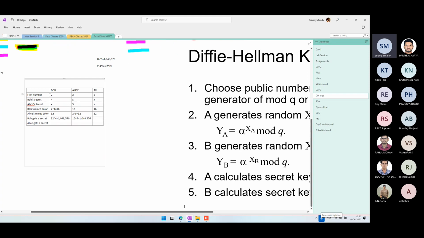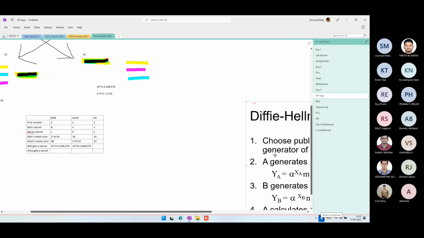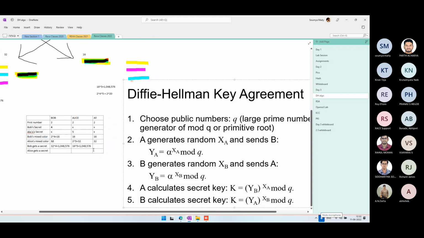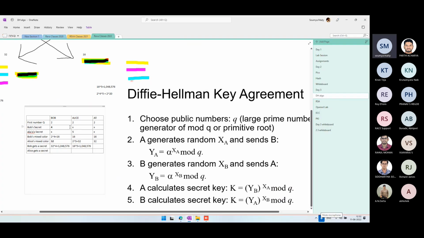Now the first number is a prime number. The first number is a large prime number called Q. I'm just taking it as 23, a prime number, right?